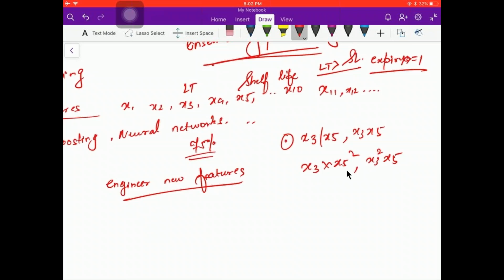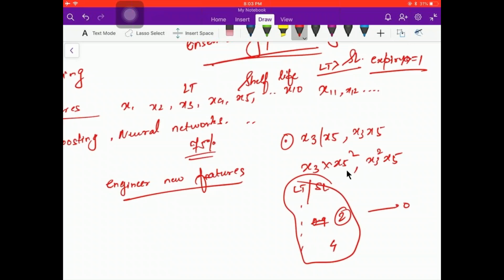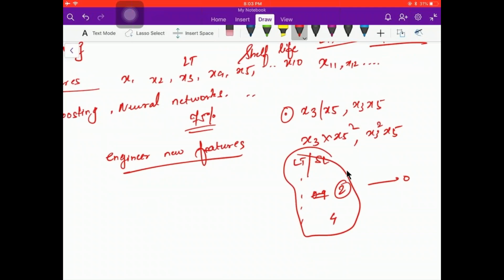If you understand what could be the relation between these two, I understand if I take lead time divided by shelf life, wherever it is less than 1, let's say 0.9, or greater than 1, whenever it's a 2 or 4, then I think it will 100% help my model to predict the expiry. But many times you don't know all these things.